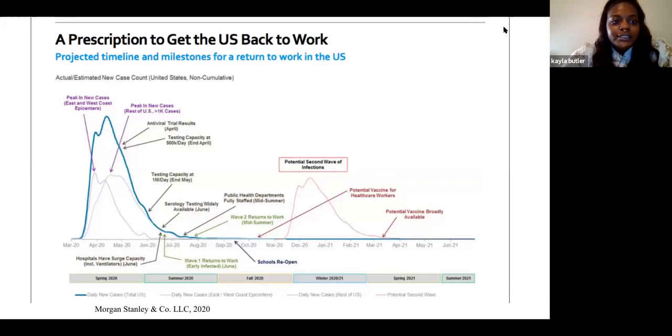This is a projected timeline that Morgan Stanley and Company came out with of what they thought would happen during the crisis. The U.S. wasn't as prepared as we should have been, given that we've been through past crises before. We have the Zika virus, which first came out in 2007 and reappeared 6 years later.